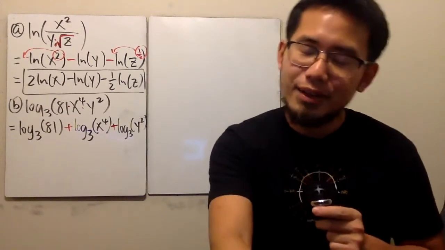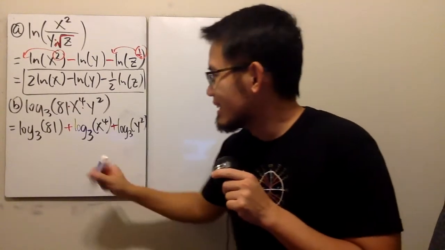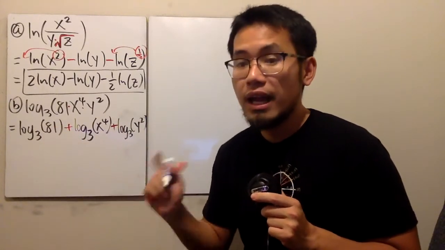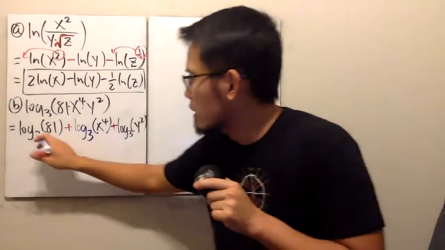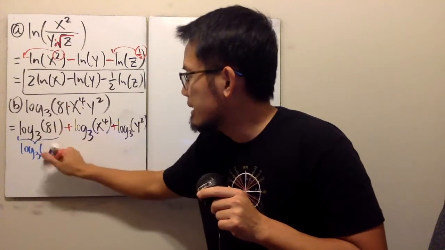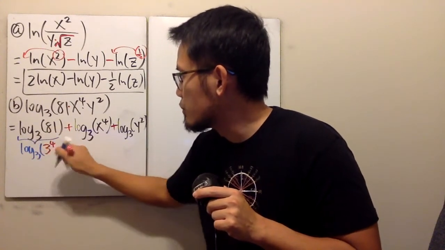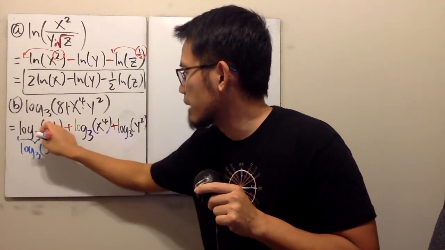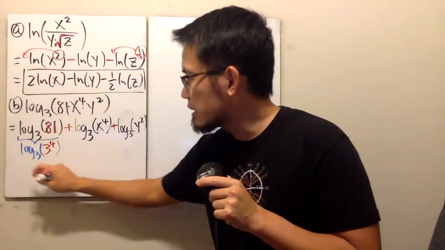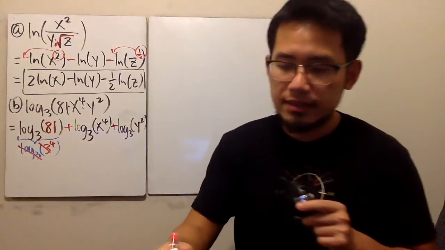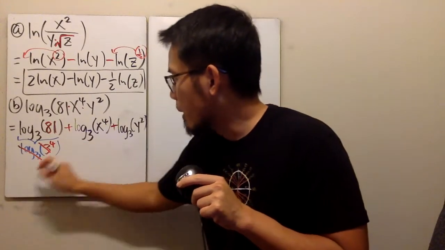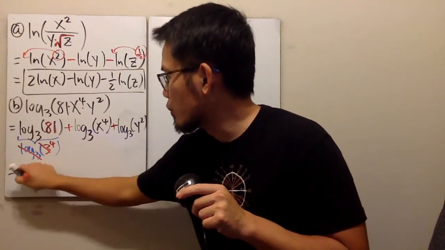Remember, of course, you can always use a calculator, but 81, just break it down, which is 3 times 3 times 3 times 3, namely 3 to the 4th power. So if you look at this, this is the same as log base 3. And as I said, 81 is the same as 3 to the 4th power. So focus on the number. Break it down. And the best part is that they have the same base. So you can cancel them out. All right. So the first part that we have is this right here being equal to 4.